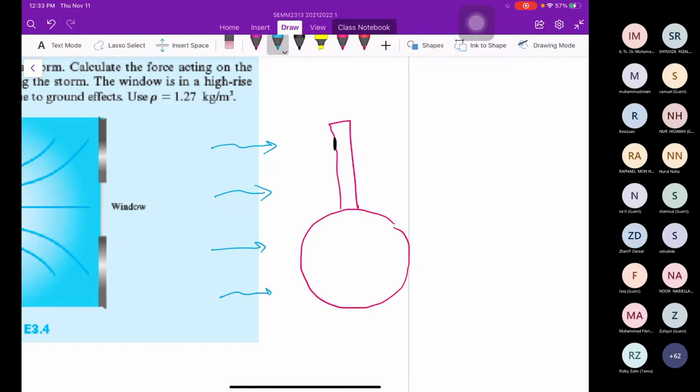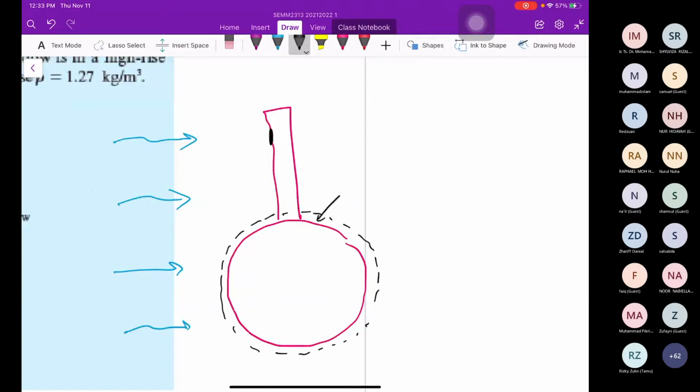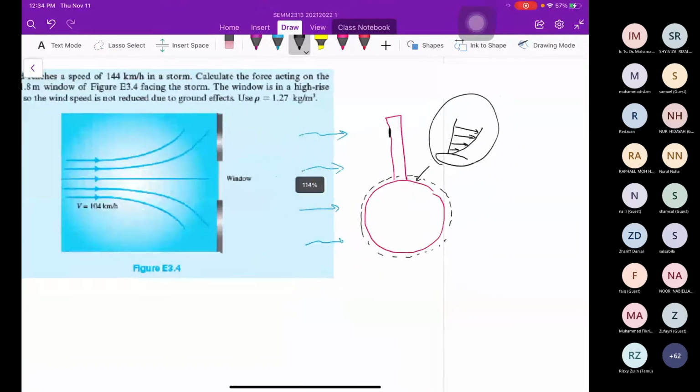Surrounding this is a boundary layer, because inside here we have the viscous effect. That means this viscous effect is within the boundary layer. So our case is out of the boundary layer. It is suitable to apply the Bernoulli equation.